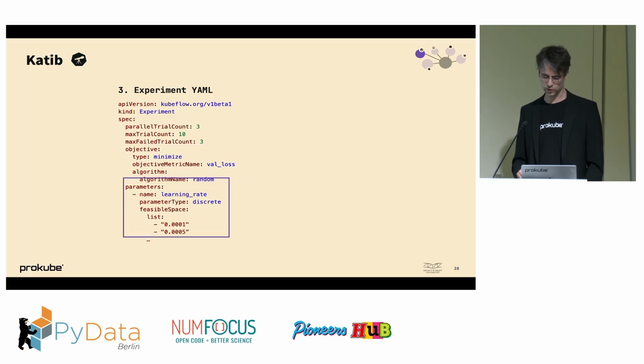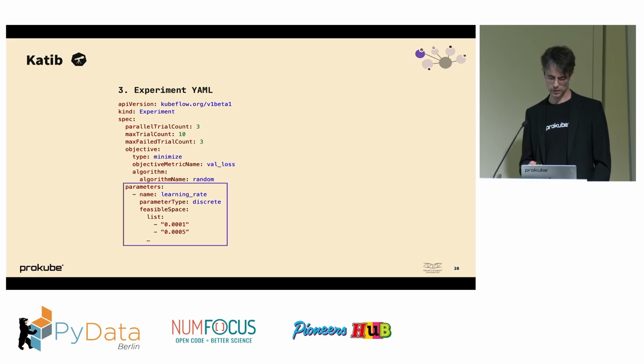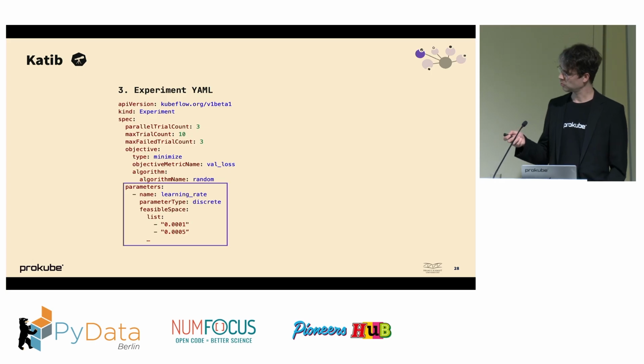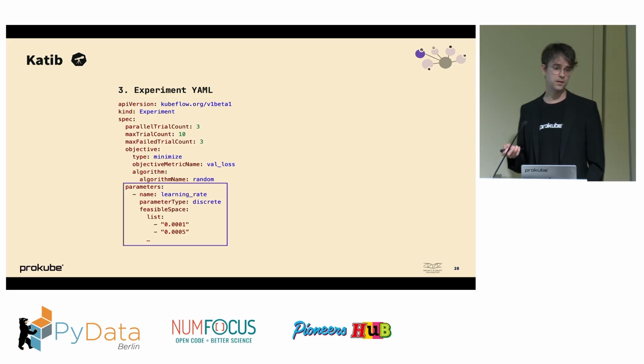And then here at the bottom, we say which parameter we really want to optimize, the learning rate. It's discrete. Here there's a list of possible values down here. So you could just supply all of them by hand. There are also some ways to say it's going to be between 1 and 2 or something like that, and then it will automate that.